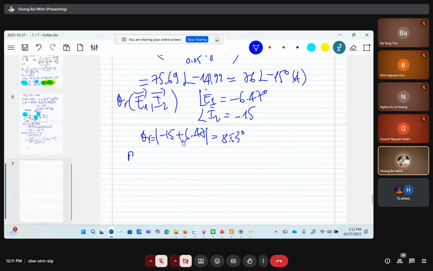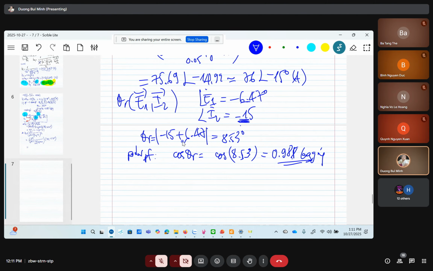So now we get the rotor power factor: cosine theta R is cosine 8.53, which gives 0.988. Lucky, because this is minus.